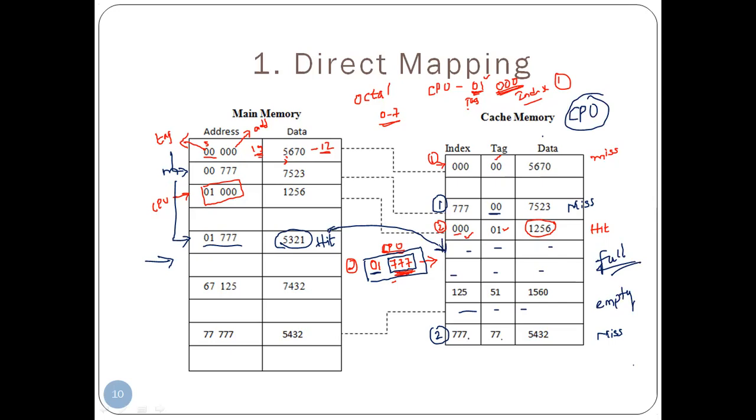That much is not needed for you. So as of now, what you are going to remember is, suppose the cache memory is full, we have to empty it. By making use of replacement algorithms, we decide which line we have to replace, in the sense the line which is not frequently used, or the data which is not used for a long time, that data we replace with the new data.